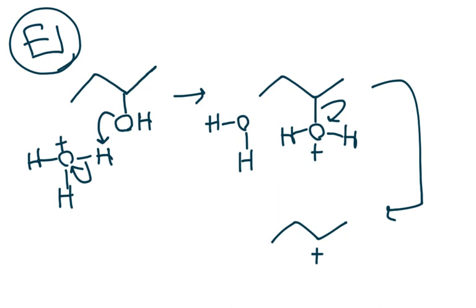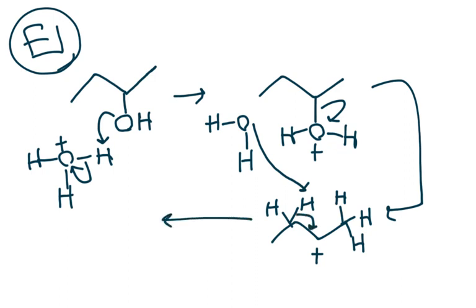And now we can do the elimination part. So we have hydrogens here, right? And we have hydrogens here. And this water here is going to act like a base, and it's going to grab, that was a bad arrow, it's going to grab one of these hydrogens, and these electrons are going to make the double bond.